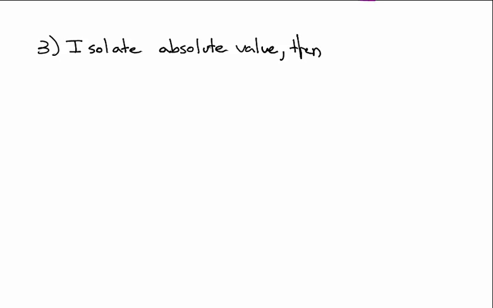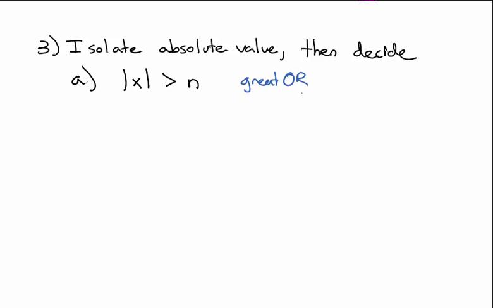We're first going to have to isolate the absolute value, get it alone, and then decide if the absolute value is greater than some number, emphasis on greater than a number, it is an OR inequality with a union.